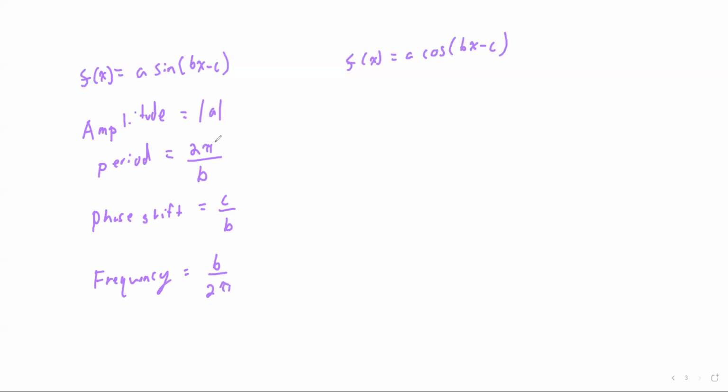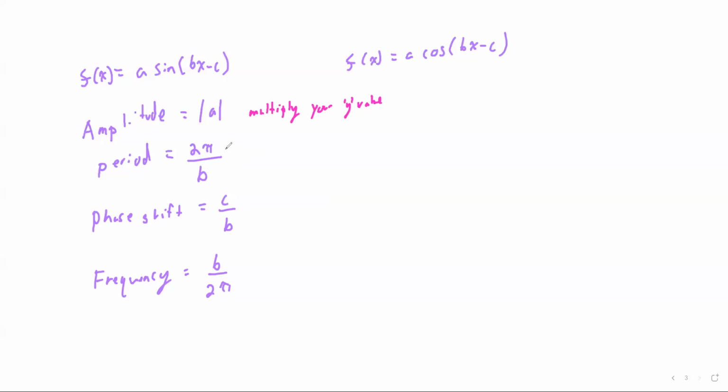All right, so a couple of things to also note here when writing these out for your 5 main points. Whatever the amplitude is, that's going to affect your y. So you want to multiply your y value of your 5 main points. Your period, you don't have to do anything with it.